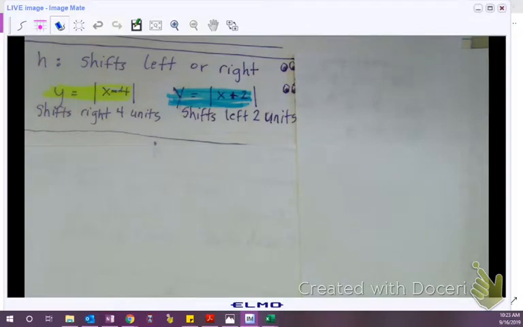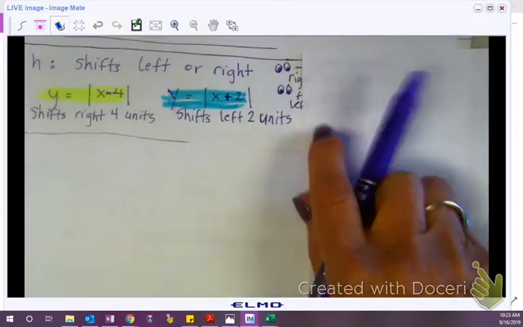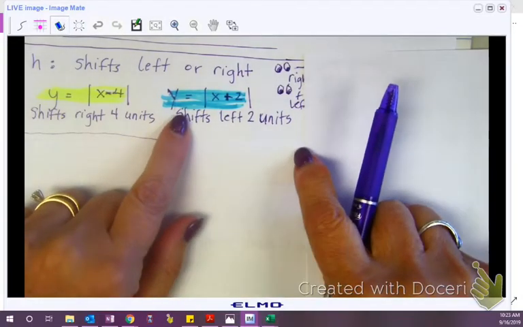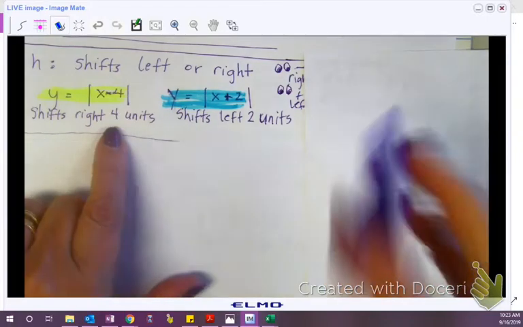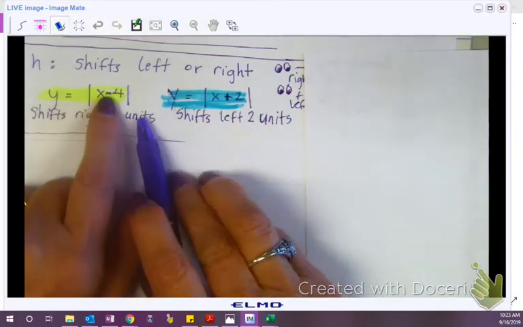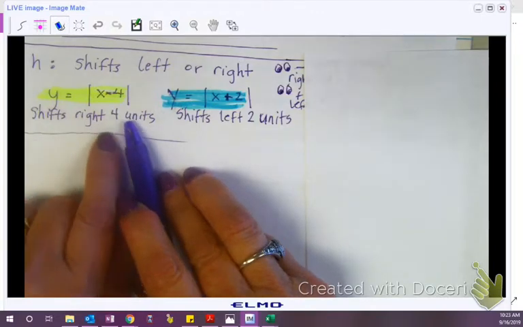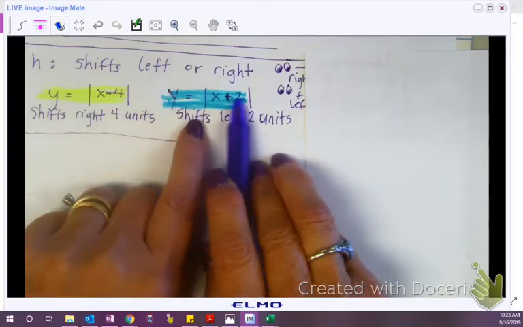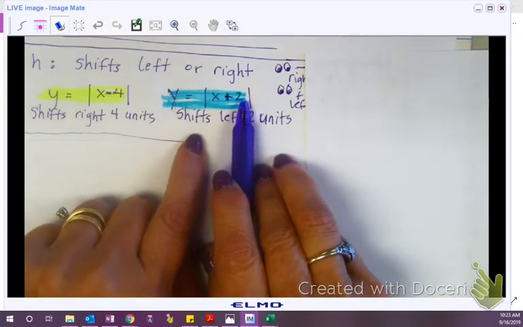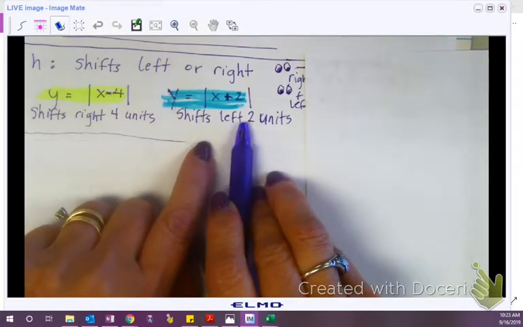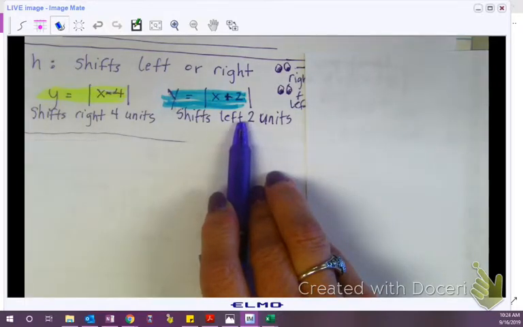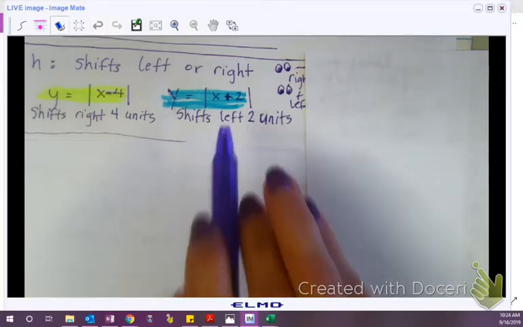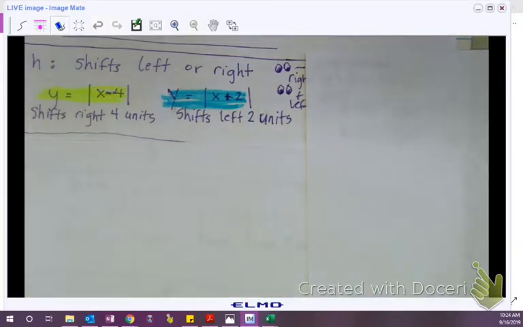So either label the two graphs or color code the two graphs so that you will remember when you look at it that x minus 4 shifts right 4 units, and the absolute value of x plus 2 graph shifts left 2 units. I'm going to explain why, but just label them for now. I wanted you to see it happen on the calculator, which is why I'm having you graph them. And then I'm going to explain it.